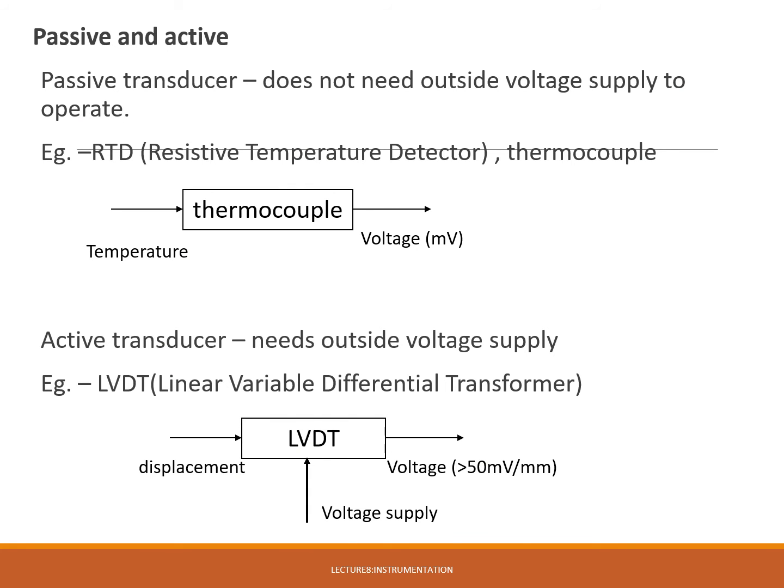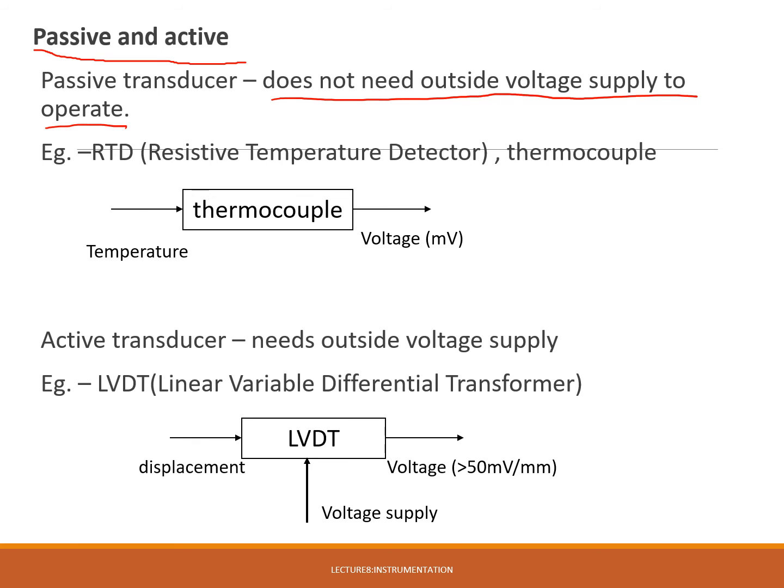All right. The third classification is based on passive and active. Either the transducer is a passive transducer or it is an active transducer. A passive transducer is defined as one where the system does not need any outside voltage supply in order to operate.